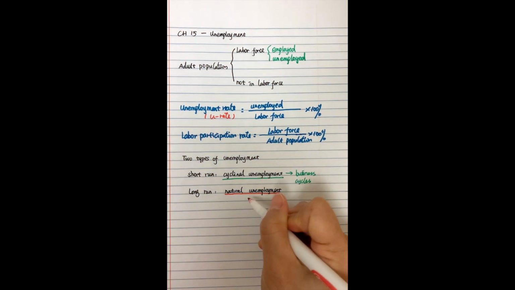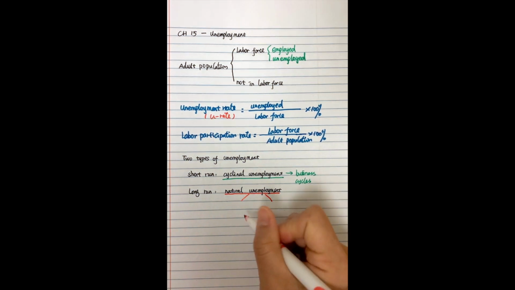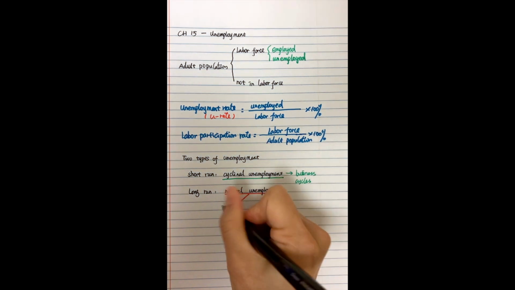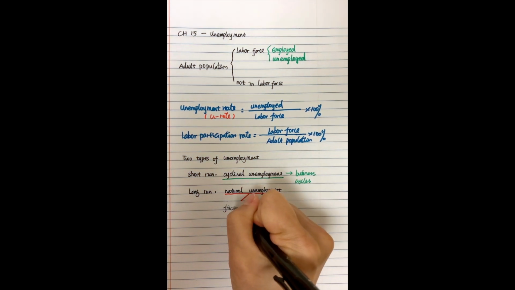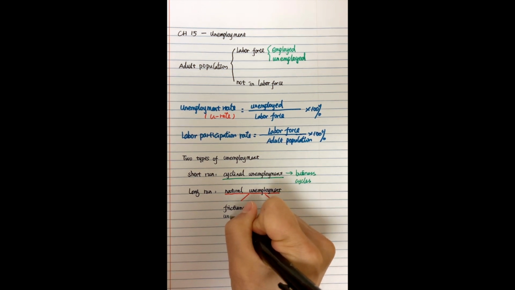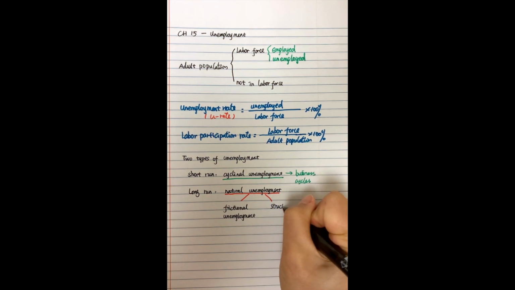Natural unemployment includes two subcategories, okay? We have frictional unemployment and structural unemployment.